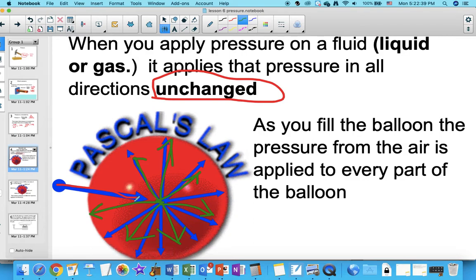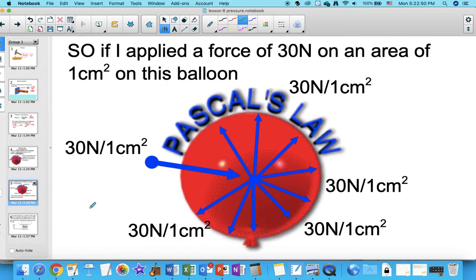So what's happening here is if you're putting an amount of pressure into the balloon as you blow it up, that exact same pressure is felt throughout the balloon. So, in this example, if we applied a force of 30 newtons over an area of 1 centimeter, well, that's 30 newtons over 1 centimeter, which can also be said as 30 pascals, because again, pressure is measured in pascals. 30 pascals in all directions.